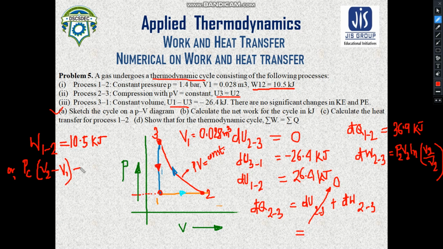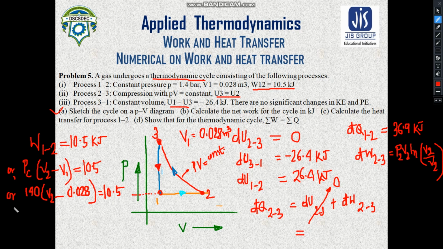So from this equation you know P as 1.4 bar, that is 140 kilopascal, and V2 is the unknown here, but V1 is 0.028, which is equal to 10.5.